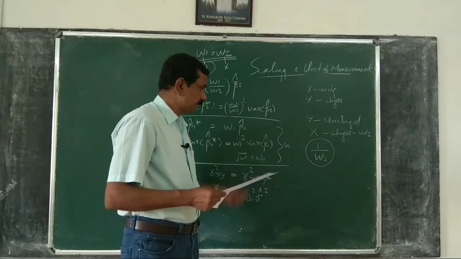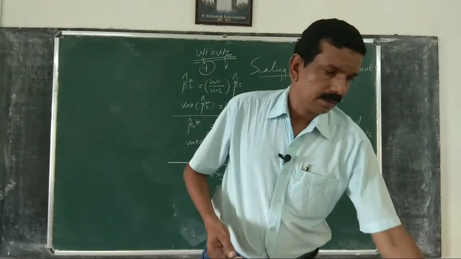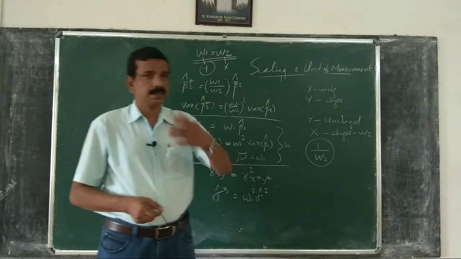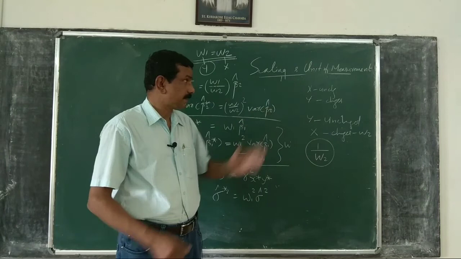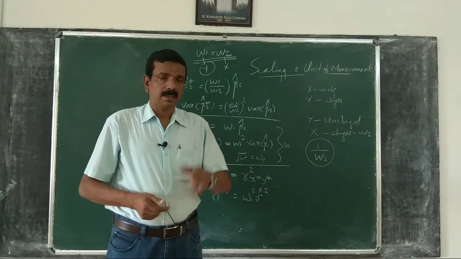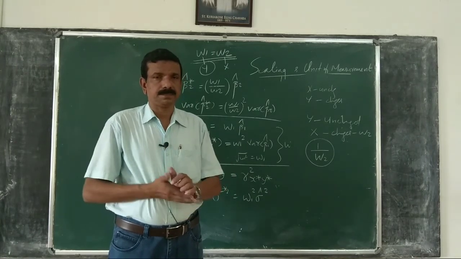The proofs I have ignored, and if you want to know how the slope and intercept change when the unit of measurement scaling is changed, I suggest that you practice with an example.